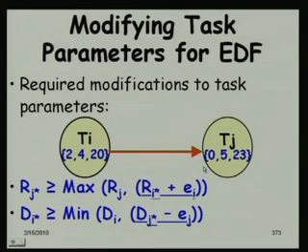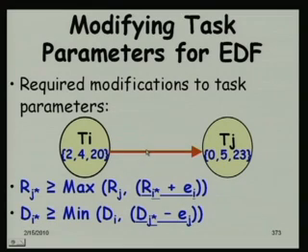So, for this task we have to get the deadline as 18, because if it completes by 20, then there will be a problem here, right. This will miss its deadline if it completes by 20. So, we will have to replace its deadline task Ti with 18, right, and with the Tj's ready time has to become 6. So, that is the modification we will have to do for EDF.